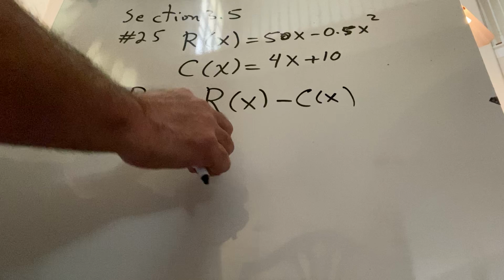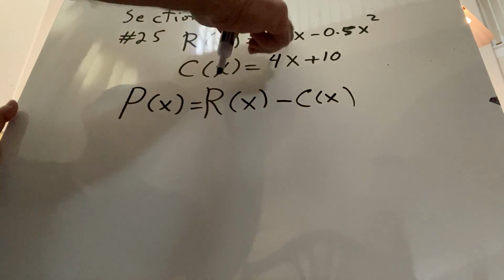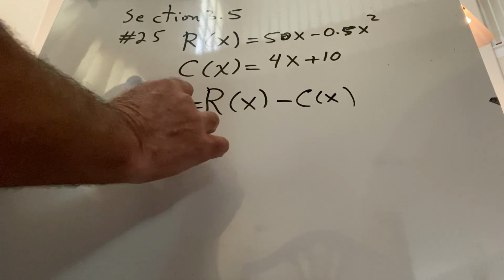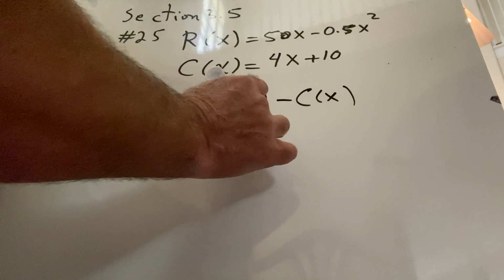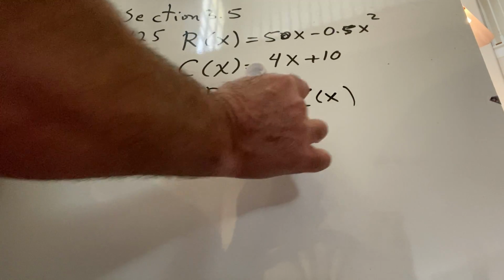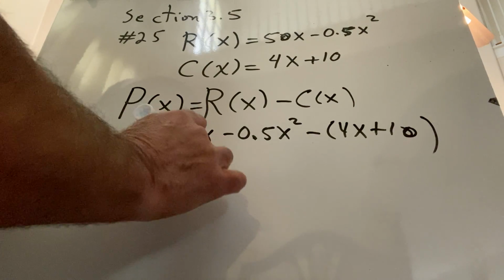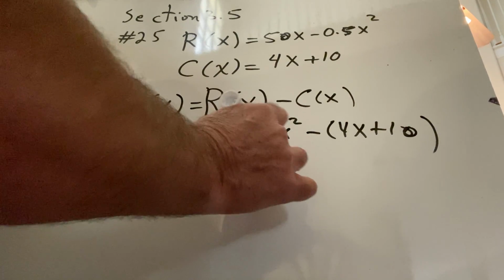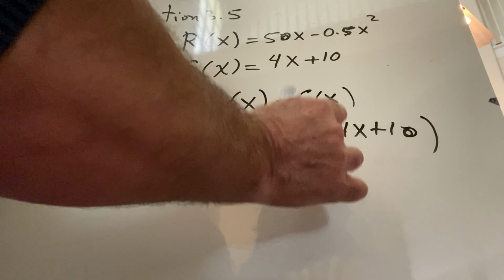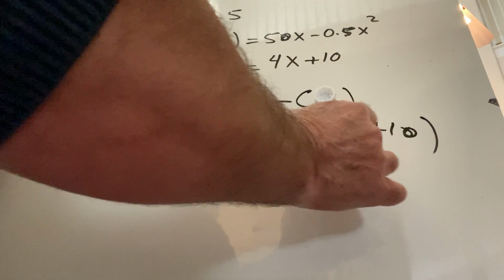So now we're just going to replace the functions. Our revenue function, which is 50x minus 0.5x squared, and then we're going to subtract the cost, which is 4x plus 10. I'm just going to distribute the negative so we can remove the parentheses. So this becomes 50x minus 0.5x squared minus 4x, and then of course minus 10.